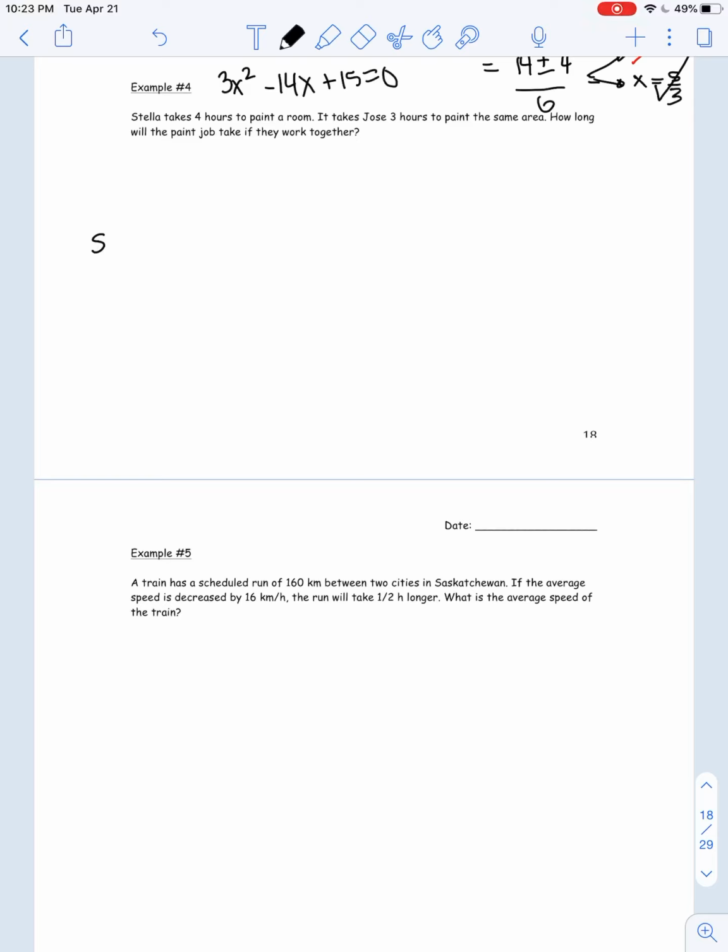You're going to have Stella versus Jose. So that's going to be what your chart is broken up to horizontally. And then our columns are going to look like this. We're going to have time. So how long does it take them to do the item by themselves? So the time by themselves.